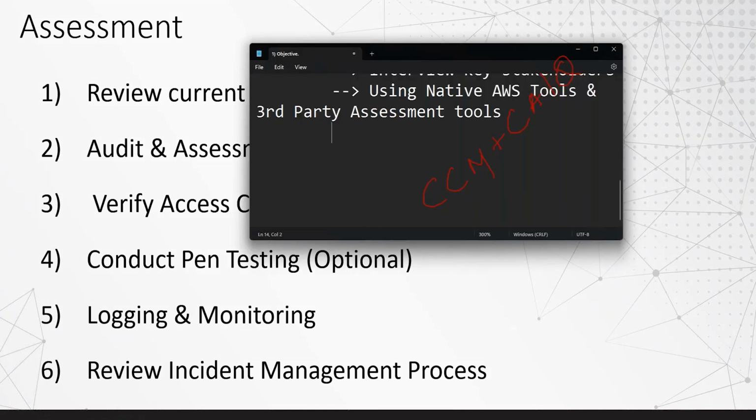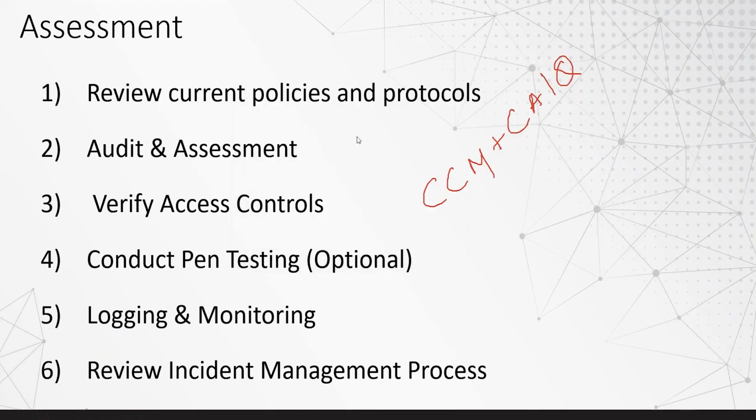One major thing is that we have CCM and CAIQ. Tomorrow, don't worry, I'll show you that and explain it, but this is generic. So we can use CCM, CAIQ, the NIST framework, CIS benchmarks, AWS foundational best practices, and from these you make a checklist.